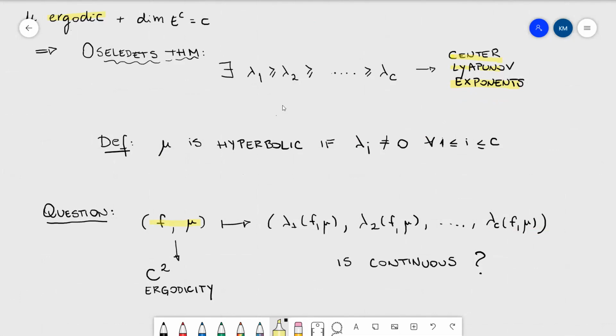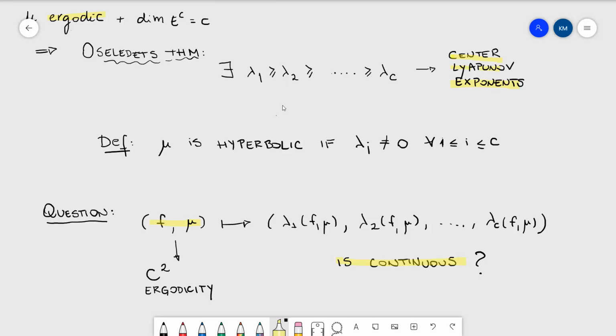So why is this important? Because if I'm able to prove that the measure is hyperbolic, some positive answer to this question is going to give me that the Lyapunov exponents for the perturbed system are also non-zero, and this gives me good properties for the perturbed diffeomorphisms. So this is the general question that I want to address today.